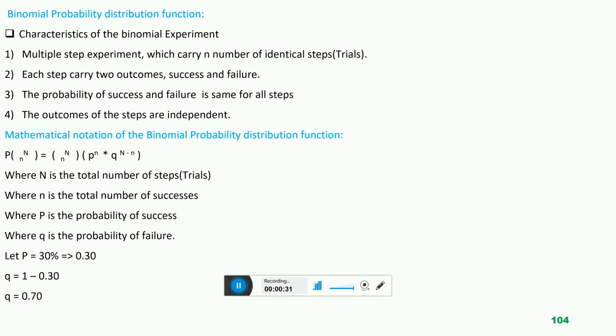This means that we can use binomial discrete probability distribution function to assign probabilities to the values of the random variable of an experiment which carry the following characteristics.